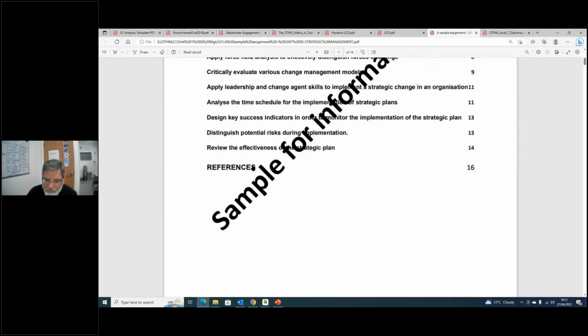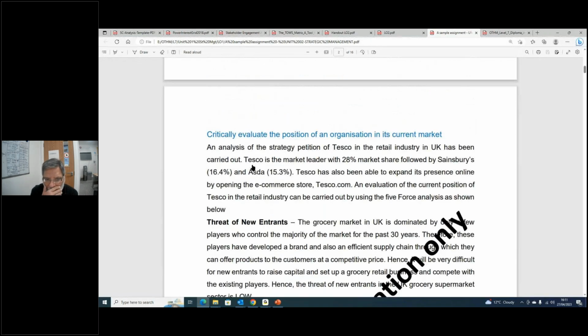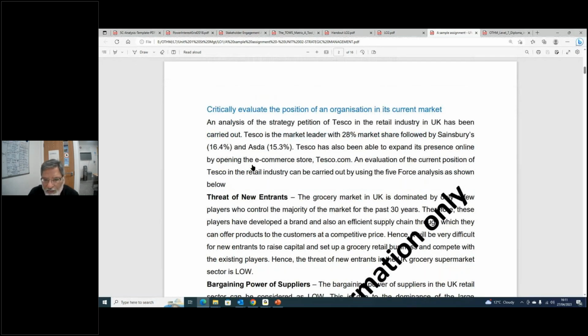This is an example of an organization. For example, it looks at Tesco. Tesco is one of the supermarkets in England, and you're looking at Tesco.